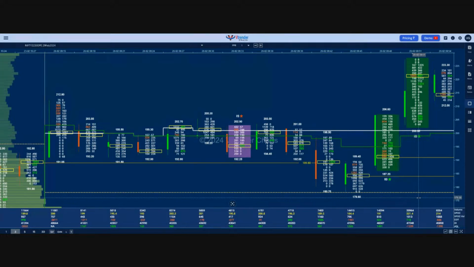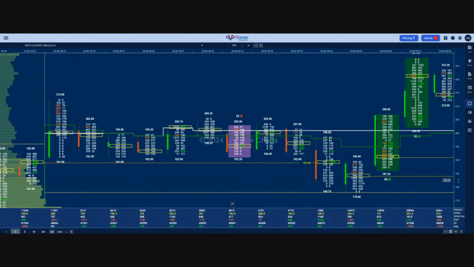Even if we take a simple calculation, whatever the risk is would be our first target, 2 times the risk the second, and 3 times the risk the third target. So if the entry is 206 and the stop loss is 184, our targets would be 228, 250, and 272.